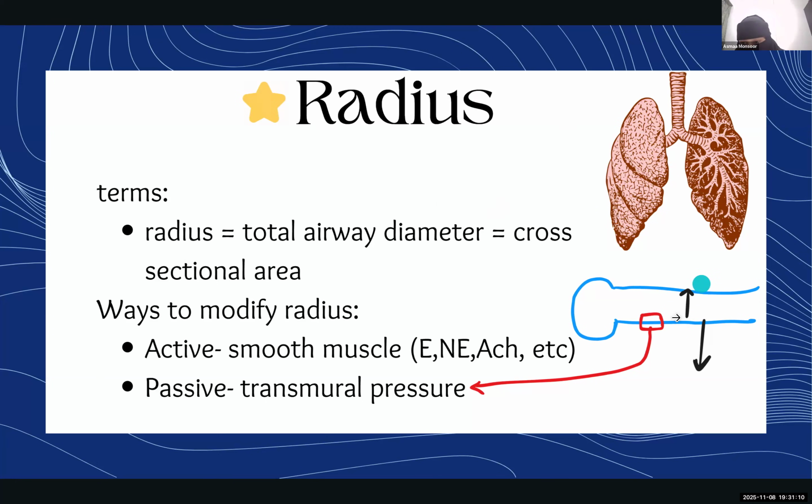See, guys, this arrow, which is the pressure that pushes inside the walls, is going to be the alveolar pressure. From within, it's going to push on the walls, making sure it's patent. Whereas the ones that are going to be pulling it out are going to be the muscles of expiration and also the lung recoil.